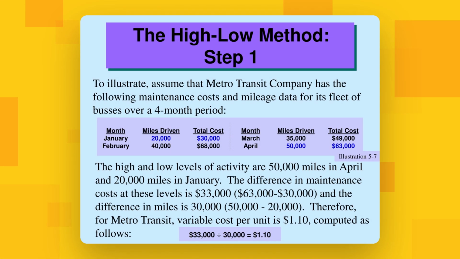Look at this slide. Step number 1. To illustrate, assume that Metro Transit Company has the following maintenance costs and mileage data for its fleet of buses over a 4-month period. You have here the month: January, February, March, April.